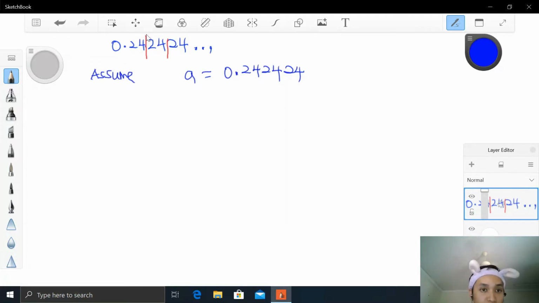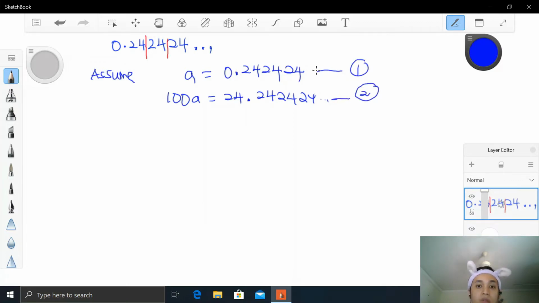I already know my repeating number is 24, so I multiply by 100, and this becomes 100a equals 24.242424 and so on. This one will be my first equation, and this one will be my second equation.